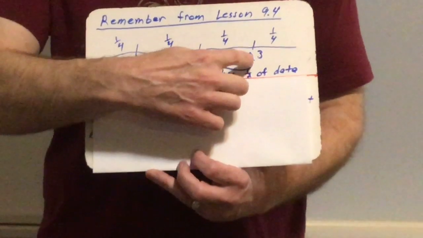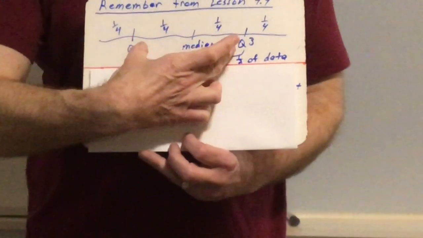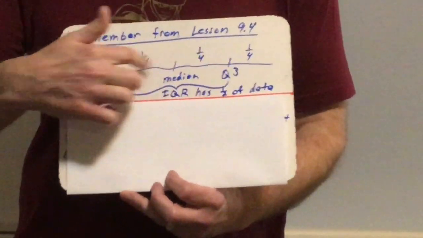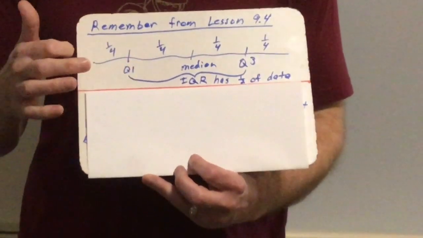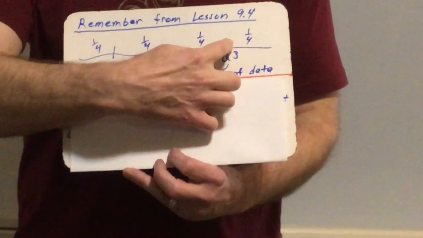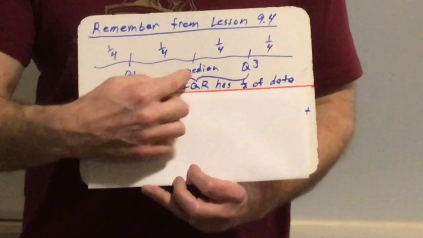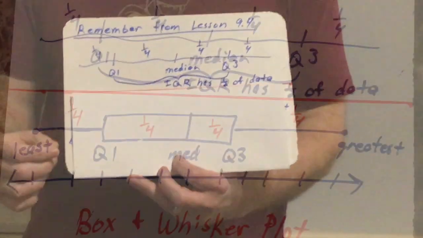And remember, interquartile range is this higher quartile minus this lower quartile. But what that will give you then is where half or 50% of your data falls, because if 1/4 will fall before the 1st quartile, 1/4 will fall after the 3rd quartile, and then 2/4 or 1/2 will fall in between the quartiles.